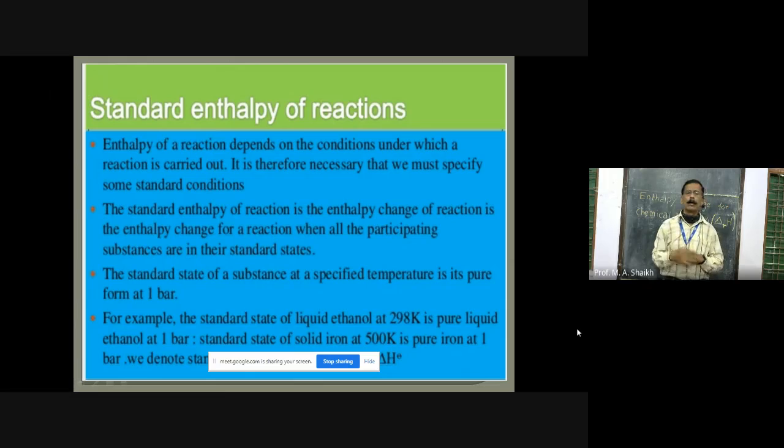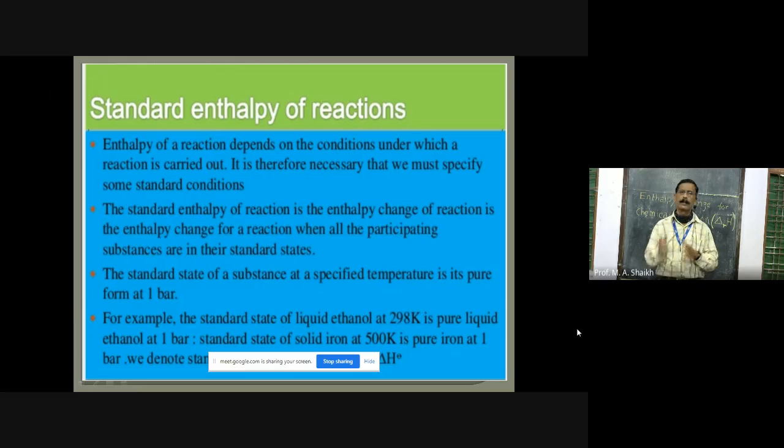Now, what is the difference between enthalpy of reaction and standard enthalpy of reaction? Standard enthalpy of reaction is nothing but enthalpy of reaction, but when the substances, meaning reactants and products involved in the chemical reaction, are present in their standard state, and other conditions of temperature and pressure are also standard conditions.